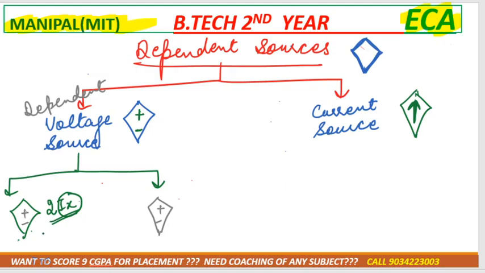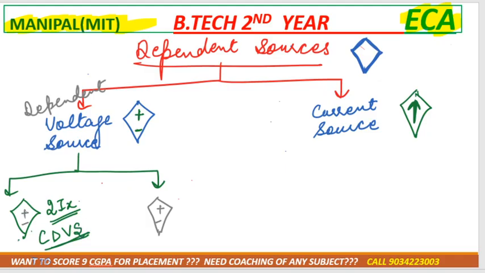So technically we call it a current dependent voltage source, in short CDVS. CDVS means it's a plus minus, means voltage source, and it's current dependent. This voltage source value is depending on the current. So that's why it is denoted by CDVS.